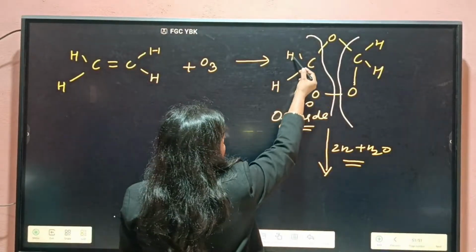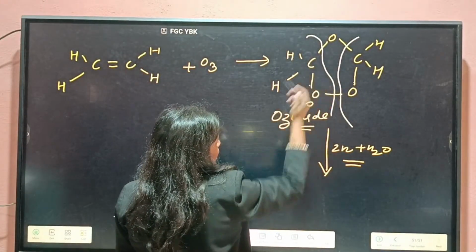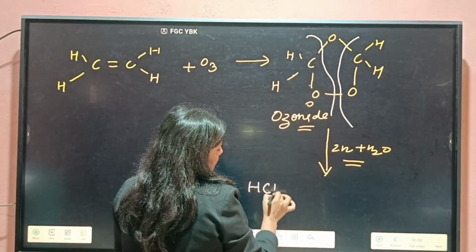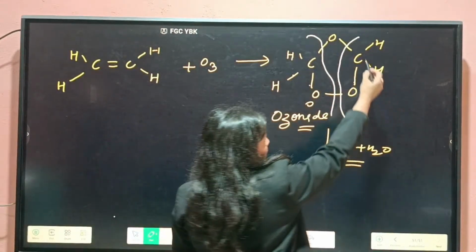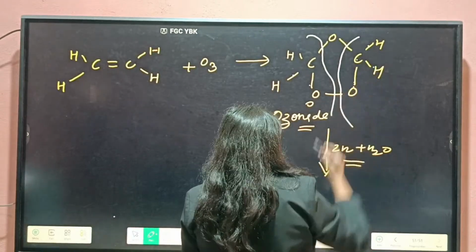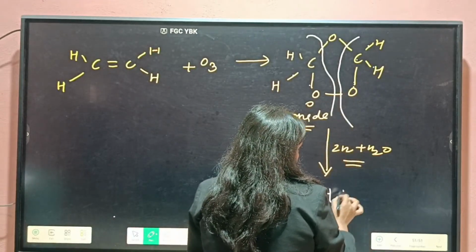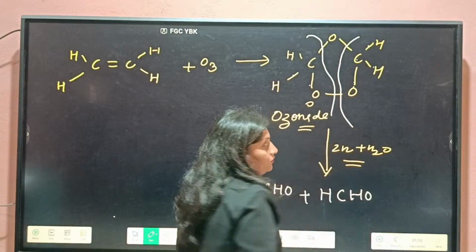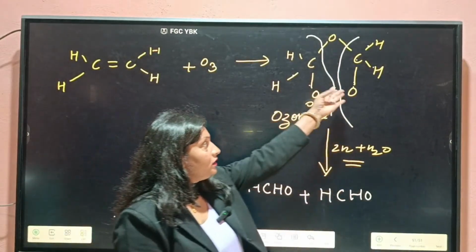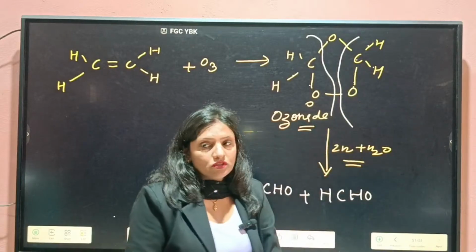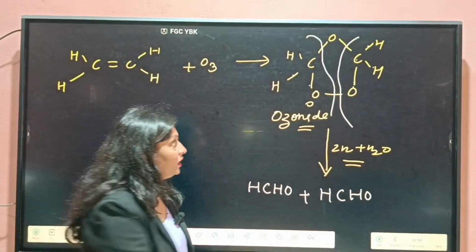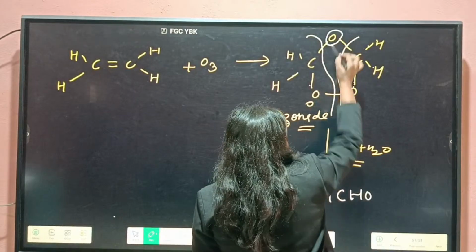From here HCHO and HCHO. Because if old bond will break, then it will form some new bonds. So it is forming double bond with this oxygen now. Clear? This one oxygen and zinc.